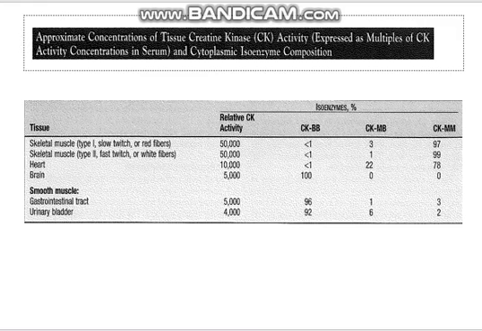Activity of CKBB has also been found in smooth muscles, like in the GI tract: the small intestines, the stomach, the large intestines, and also the urinary bladder. But it's primarily CKBB.